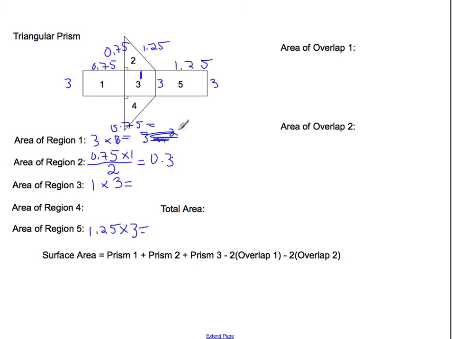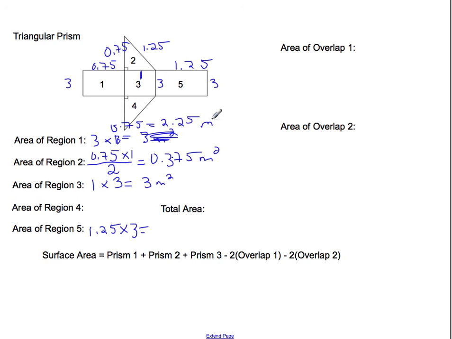So 3 times 0.75 is 2.25. And this one, 0.75 divided by 2, was 0.375. This region area is 1 by 3, so this is 3 meters squared.